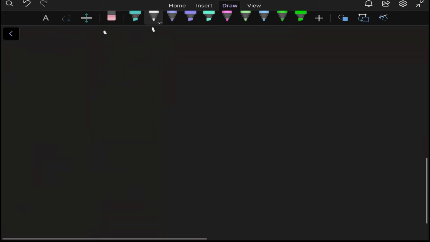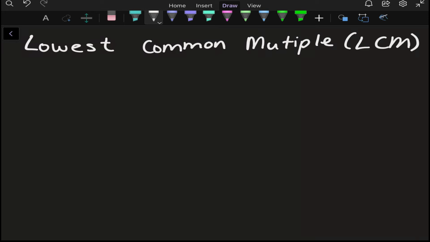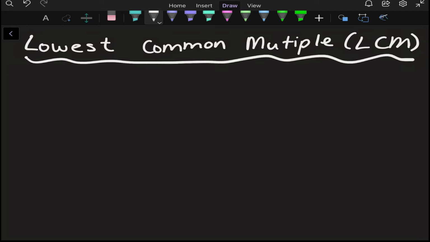Okay, so moving on. Now we want to talk about the lowest common multiple. We also refer to this as just LCM. The lowest common multiple of 2 or more numbers is the smallest positive number which is a common multiple of the numbers.